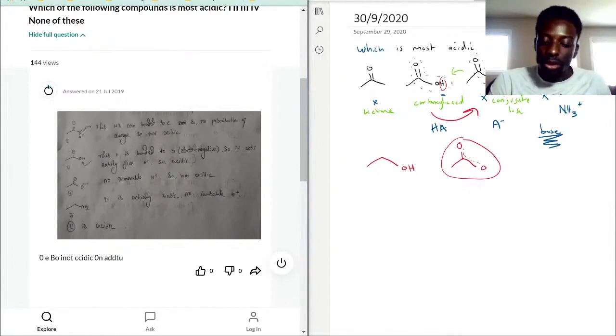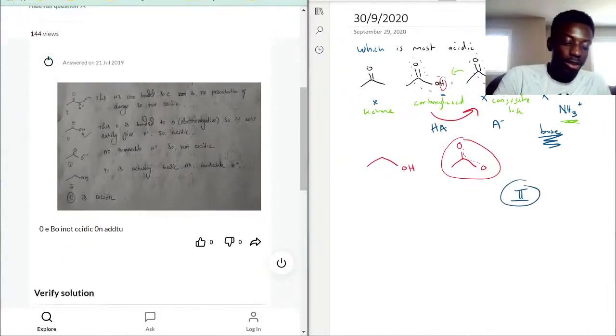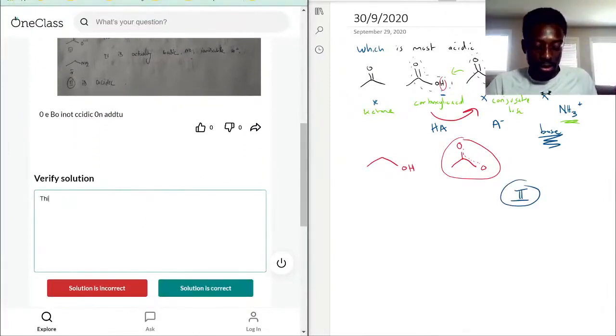Now this one, the conjugate base, has already done its job. It can't do it again, so it's not going to be acidic anymore. And NH2 is actually basic, as we discussed. It wants to turn to NH3 plus. So with that logic, as they said, which is correct, 2 is the correct answer. So let's continue.